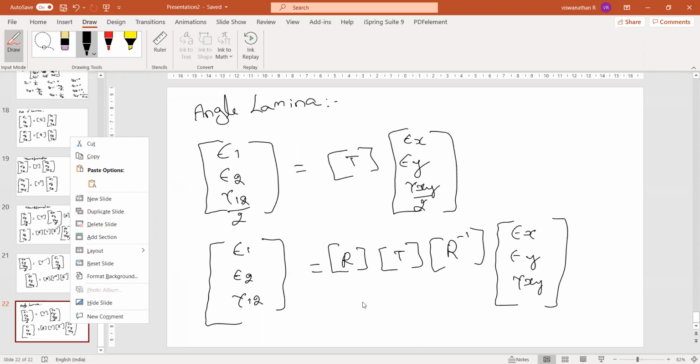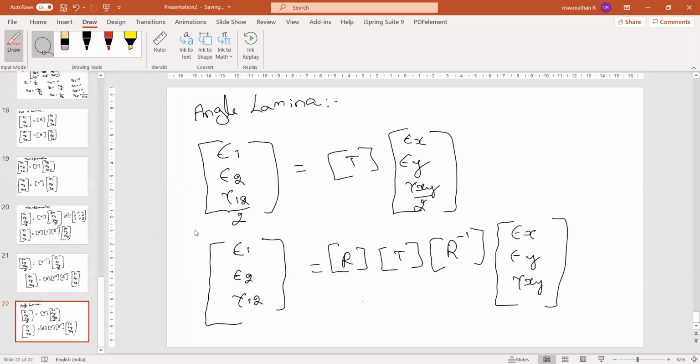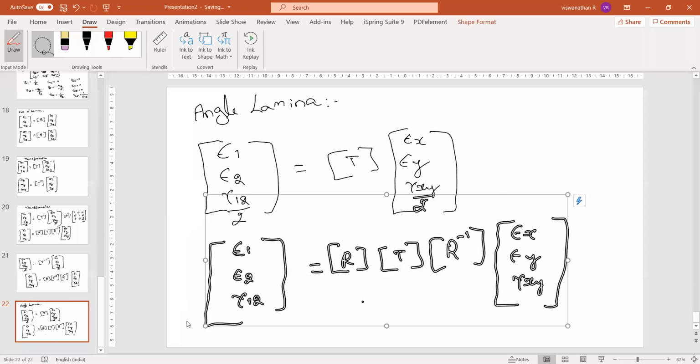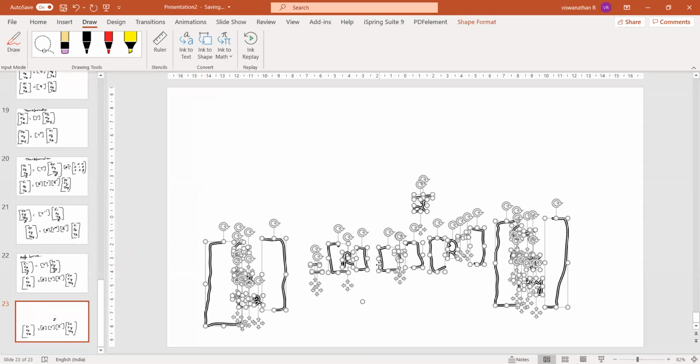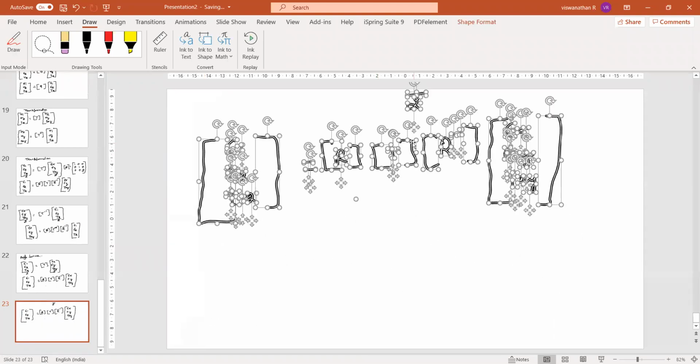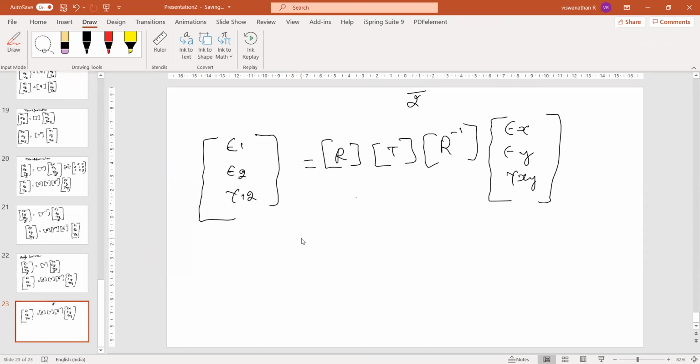For that, I'll copy this and paste it over here. I don't want that by 2 there. Now I know this strain is equal to this. I want to write it for sigma 1, sigma 2 and tau 1 2.